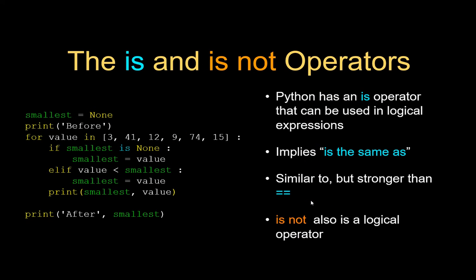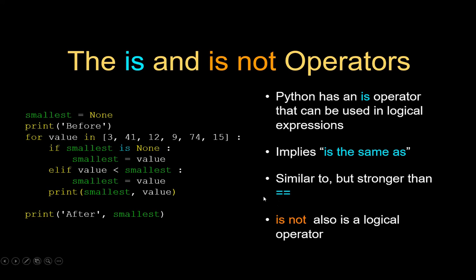Okay, so we're going to talk a bit about the is and is not operators. Basically, is is a logical operator, which checks whether the value and type of those variables are identical, so it's stronger than double equal.